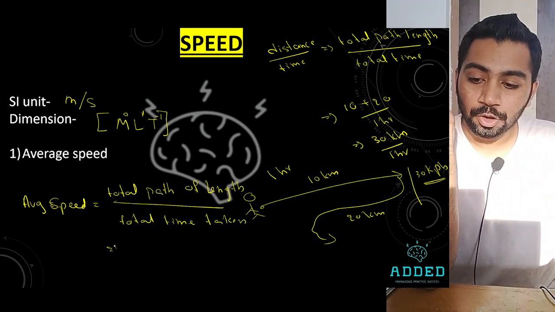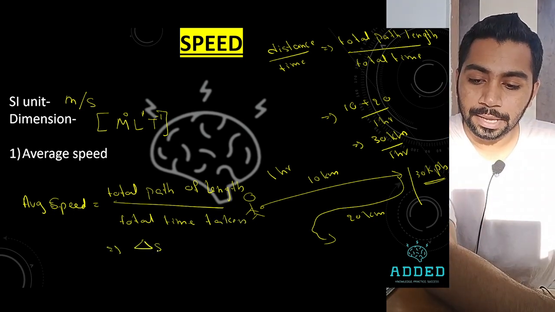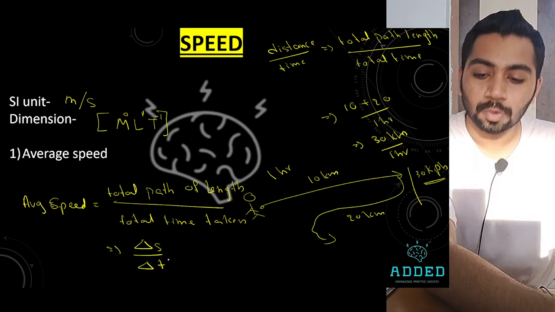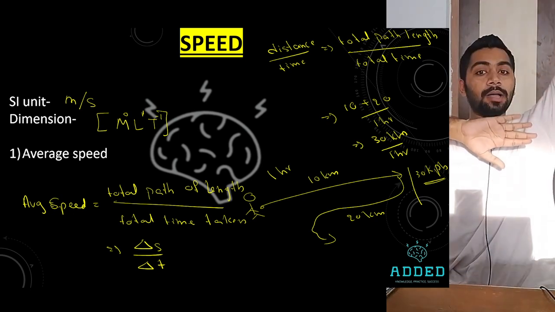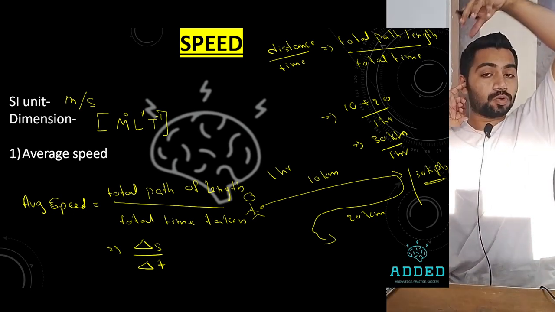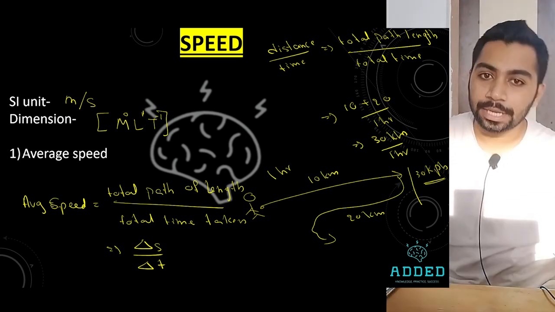That's all. And you can write this as dS divided by dT. Average speed is very simple. Total path you cover from your home to your school divided by the time. How much do you take? That's all.